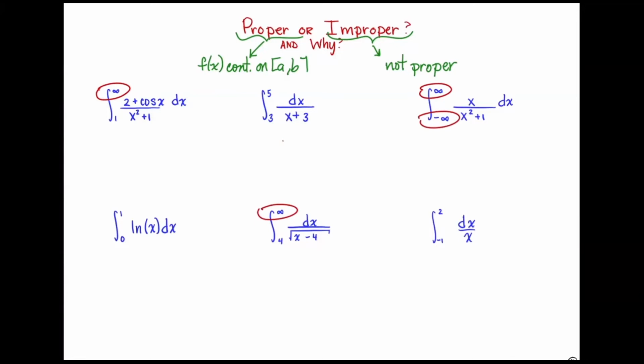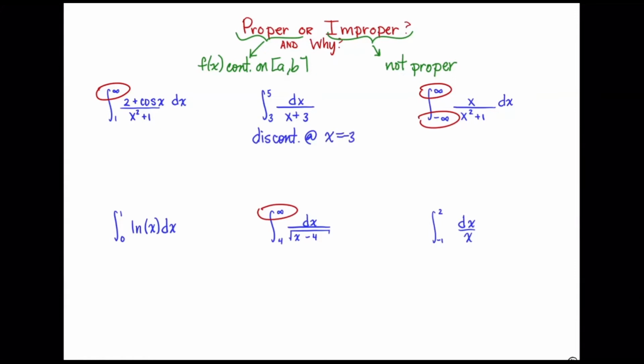In the top row, middle, we have a discontinuity in that denominator at x equal to 3, since that would give us a 0 in the denominator. But x equal to -3 is not on our interval 3 to 5, which means that this integral is proper.